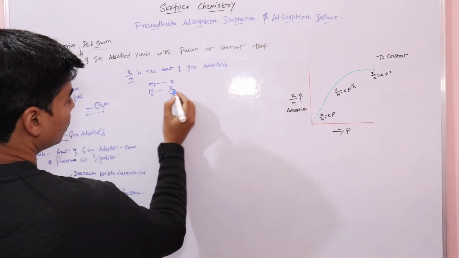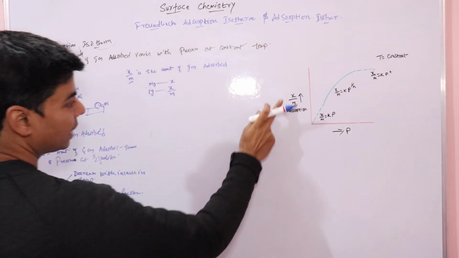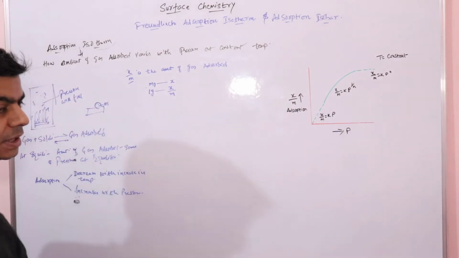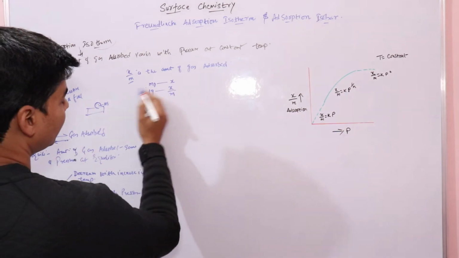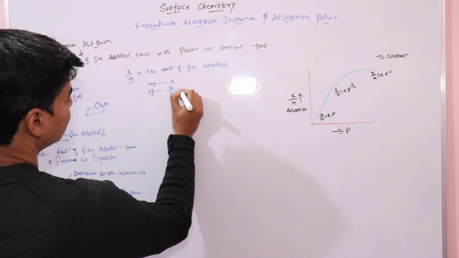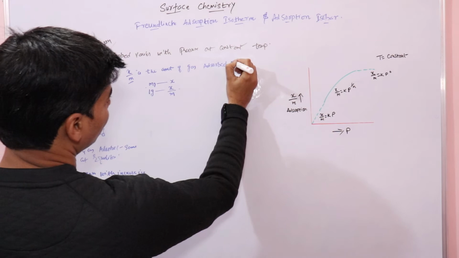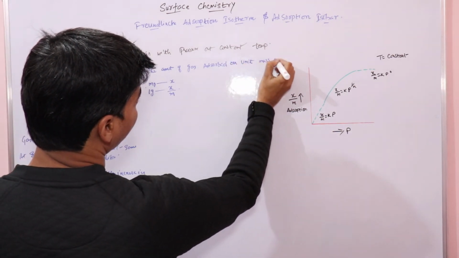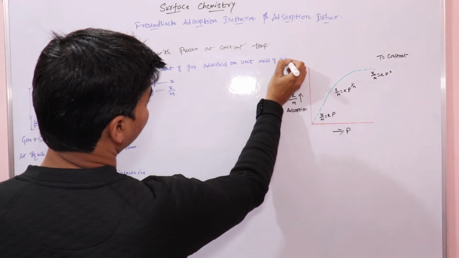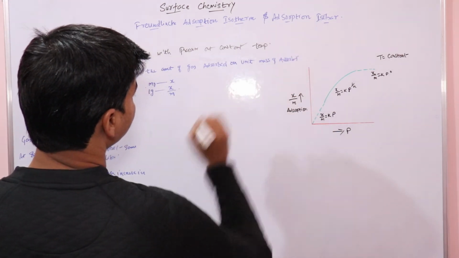That is why we say x upon m is the amount of gas adsorbed on unit mass of adsorbent.